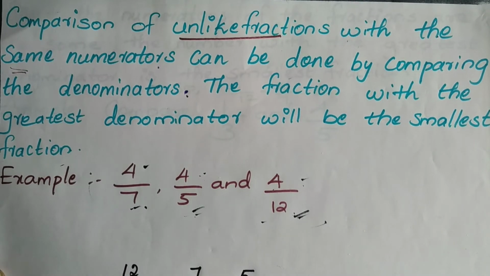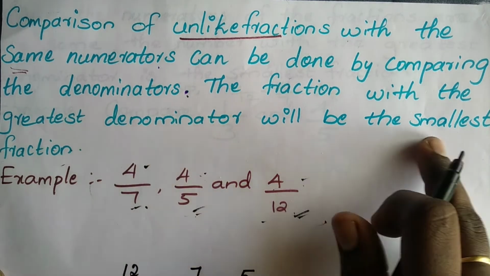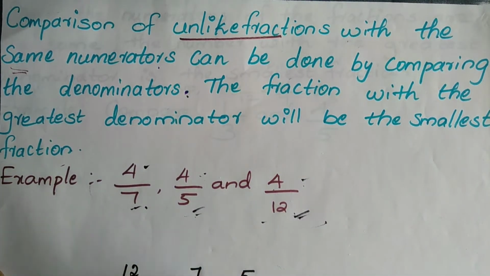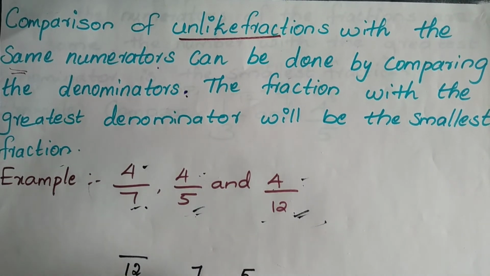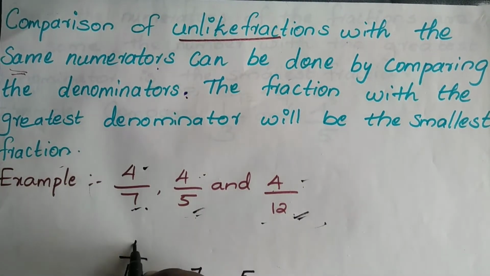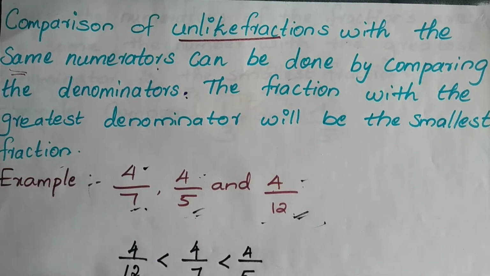The fraction with the greatest denominator will be the smallest. So write: 4 by 12 is less than 4 by 7, less than 4 by 5.